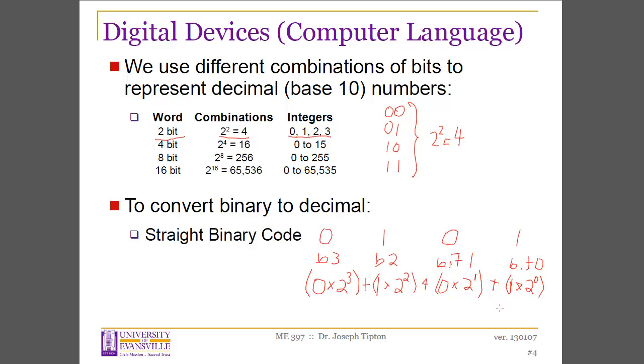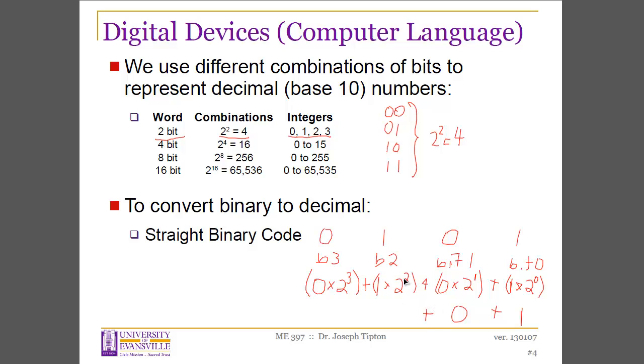Sorry if my handwriting looks like that of a first grader. I'm doing the best I can. Okay, well, let's look how this works out. I have 2 to the 0 power, which is a 1, multiplied by 1. So that gives me 1. Here I have 2 to the 1 power, which is 2, but it's times 0, so I have a 0.